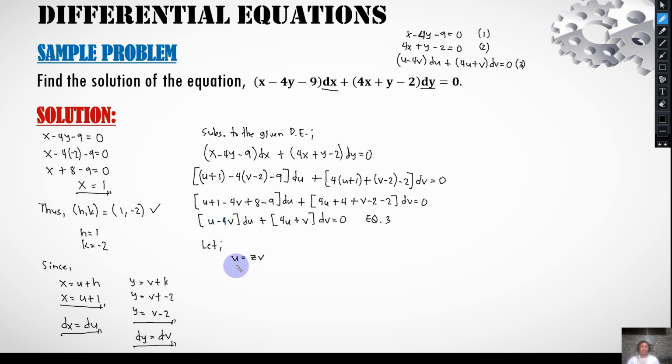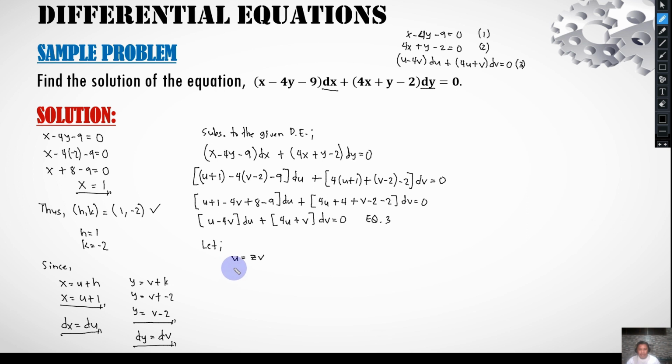So actually you can assign any variable if you don't want to use this z, but in this case we are just going to use itong z for the purpose of solving this given differential equation.